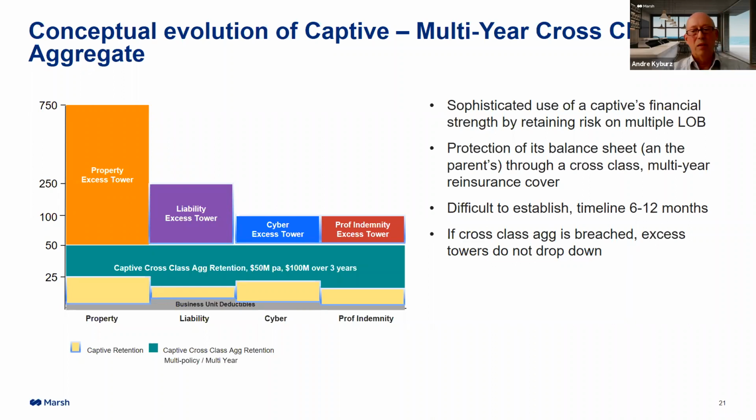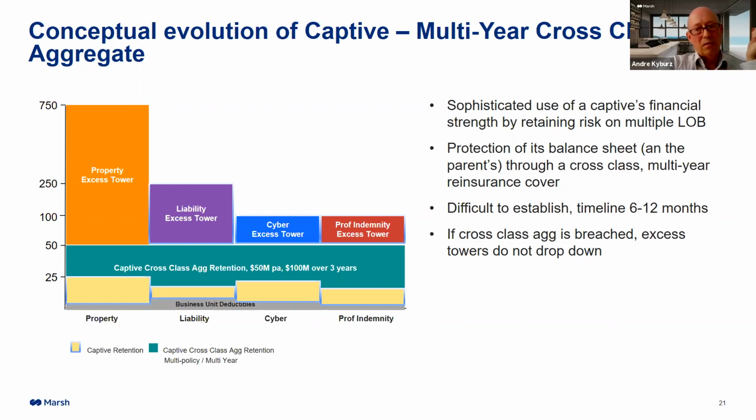And in this example, the limit to the overall exposure is 50 million in each year, and then 100 million over a 3-year period. So the captive here participates in property, liability, cyber and professional indemnity programs, and then basically buys a portfolio reinsurance to limit its annual exposure and its multi-year exposure over the 3 years.